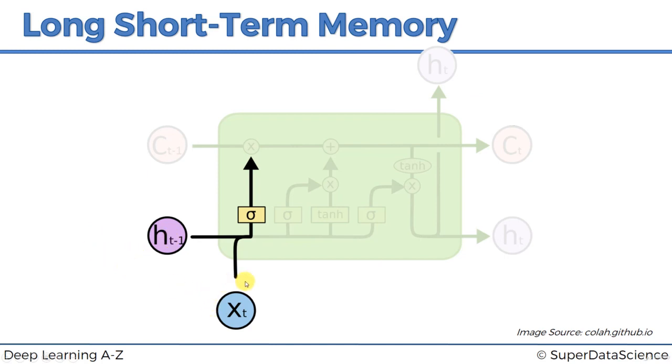So we've got a new value coming in, you've got memory, so you've got a value coming from the previous node, and together they are combined to decide whether this valve should go ahead or should be closed or should be opened, or somewhat closed or opened.